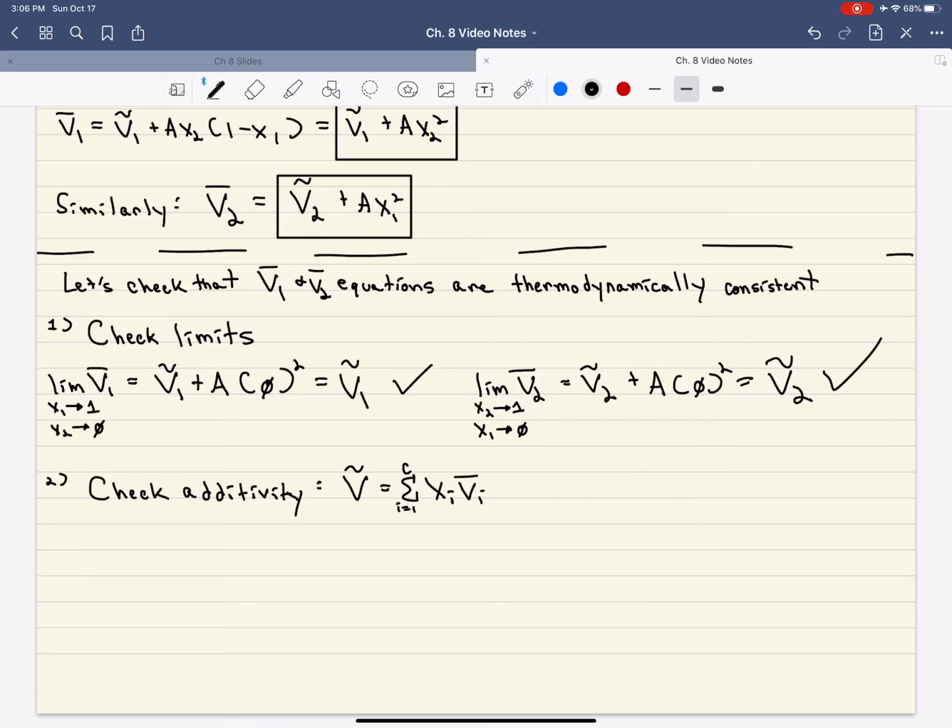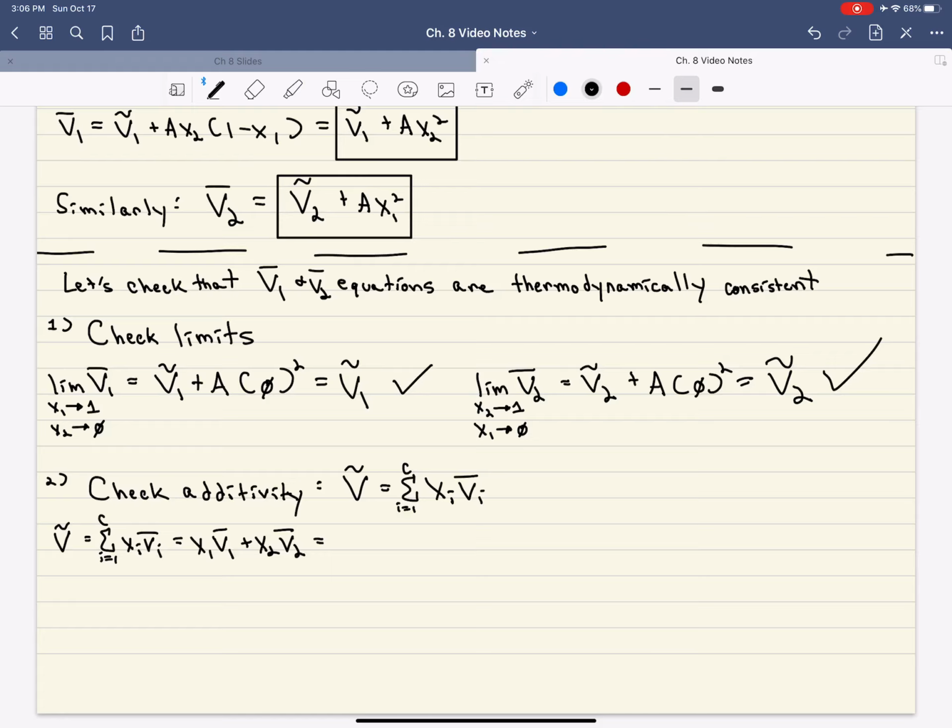So to check this, let's just apply the definition: the sum over i of xi vi bar, so x1 v1 bar plus x2 v2 bar.